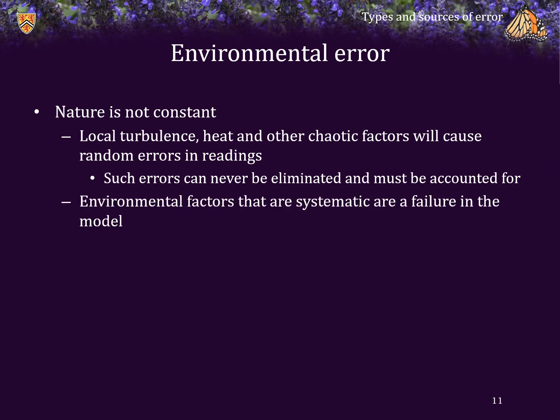Now, environmental factors that are systematic are actually failures in your model. You failed to take into account, for example, reflections, a local source of heat, or other factors that may affect your readings.